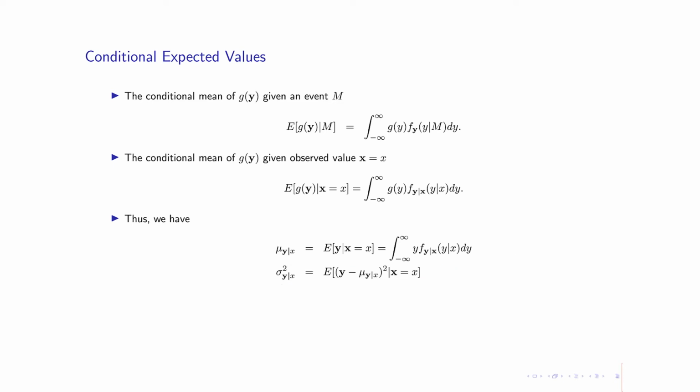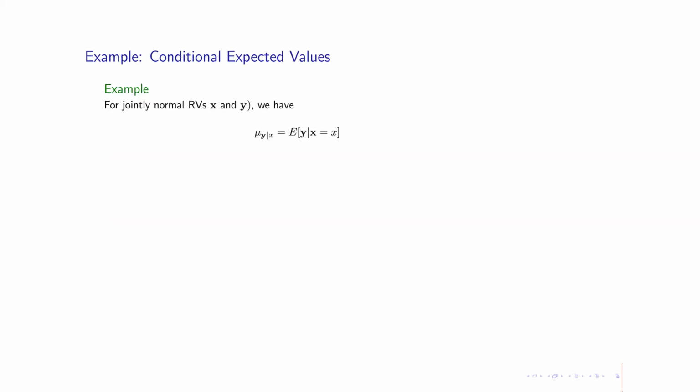Or you could say the mean of y minus the conditional mean to the power of 2, and then you perform the integral. Remember that the conditional mean itself is given by the previous integral. So we first need to calculate this integral and then put it in the second one.